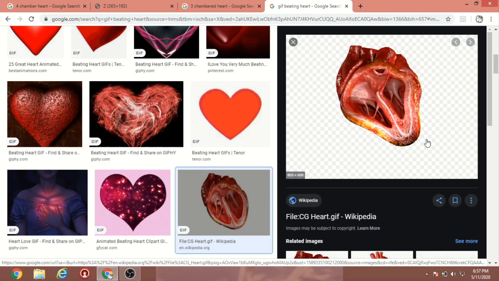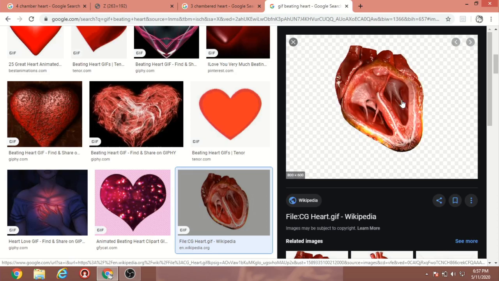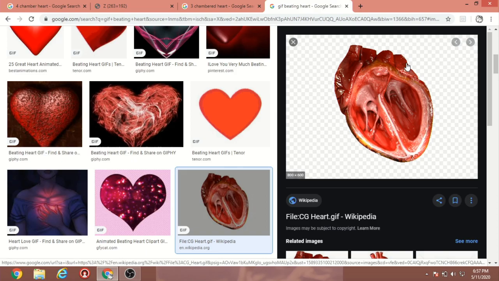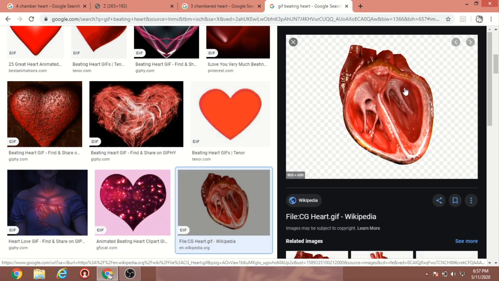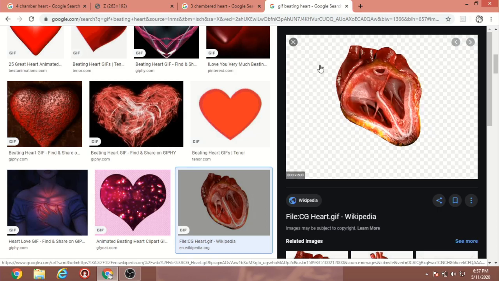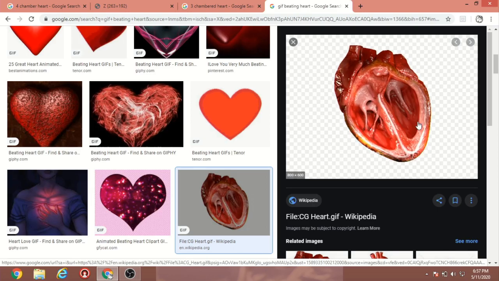Right? And that's because each one of these ventricles and each one of these atriums on the left and right are acting as their own chambers. So this is not just one pump squeezing blood in one direction. You got blood coming in, you got blood going out, and you got two totally separate circuits in this four-chambered heart. That's really cool. I like that GIF.